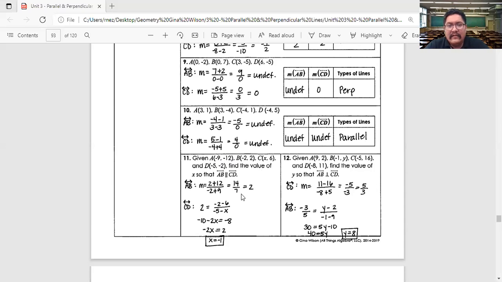All right, well, set their slopes equal to each other. When we plug them in, well, we know what A and B are, right? Because we have A and B as a full set, we're going to find that slope. So we know that the first line has a slope of 2. So what we need to do is make the second pair B and C, but you notice that C is missing one of its numbers, replaced with X. So we're going to set it up, and we're going to try to make this equal to 2.